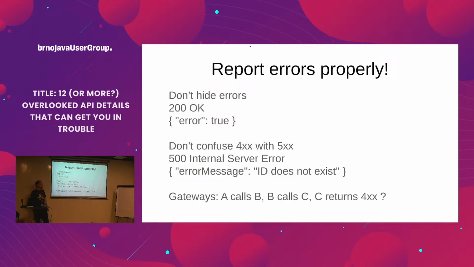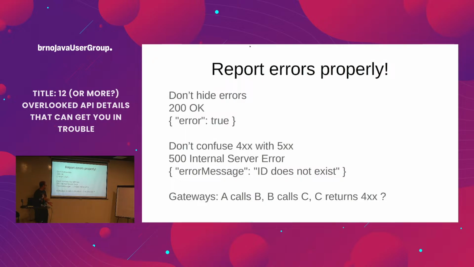A different situation happens when we have chains of calls, like services that are so-called gateways. That means A calls B, B calls C. Now when C returns 400, what does it mean? There can be two reasons for that.